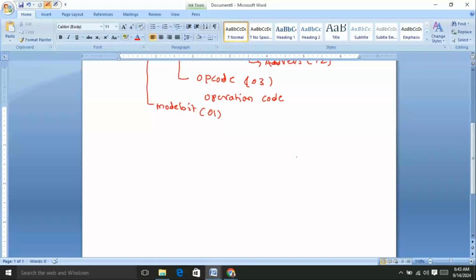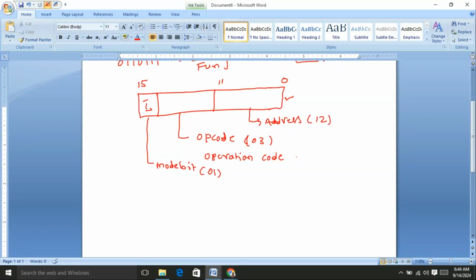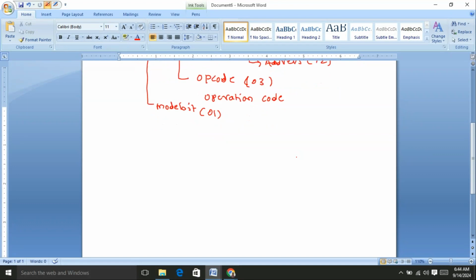Okay, now this instruction format is classified or divided into three types. The first format is used to fetch the data or instructions from the memory.